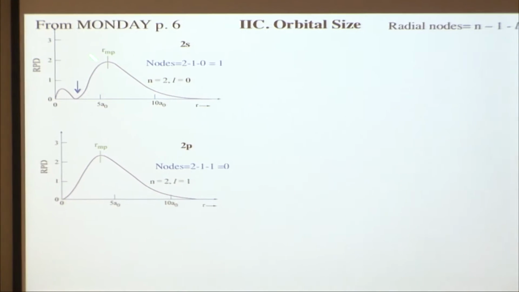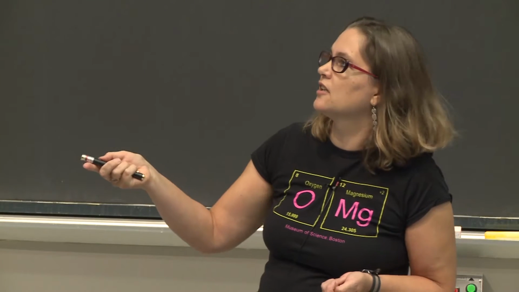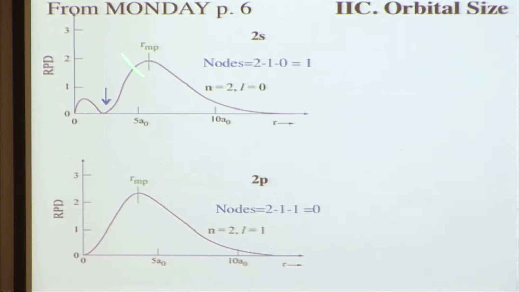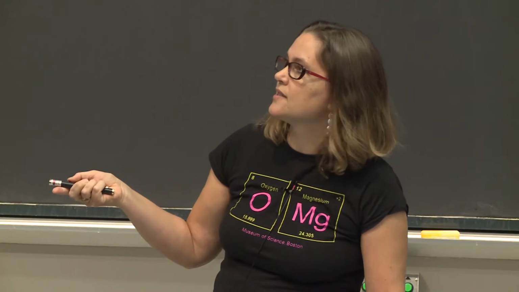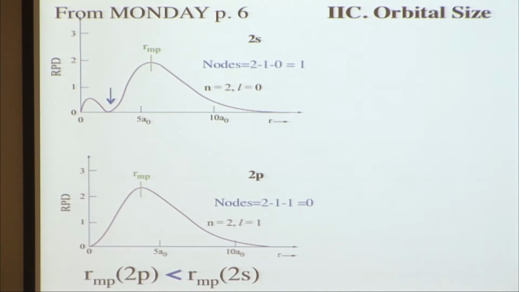And we can look at our MP, which is the radius of the maximal probability of finding an electron. And you can note that when you go from the 2s to the 2p, the radius actually decreases. So the most probable radius for 2p is less than that of 2s. Now let's consider n equals 3.